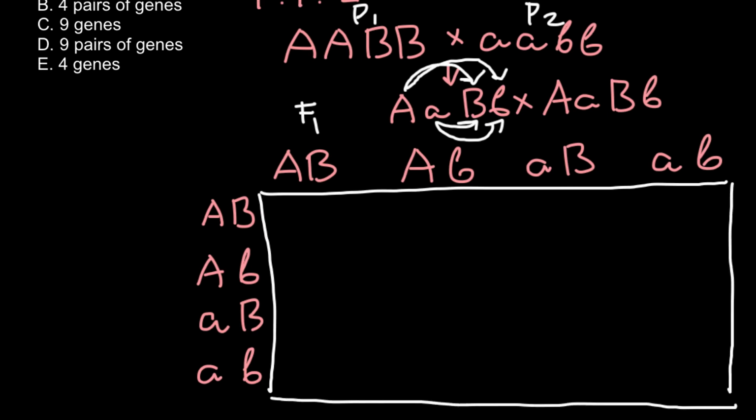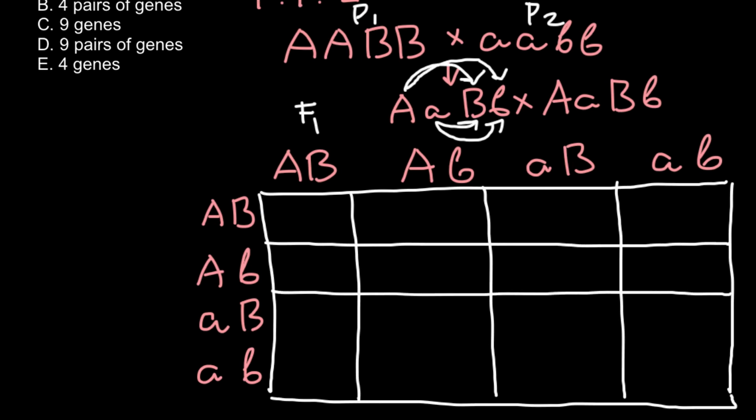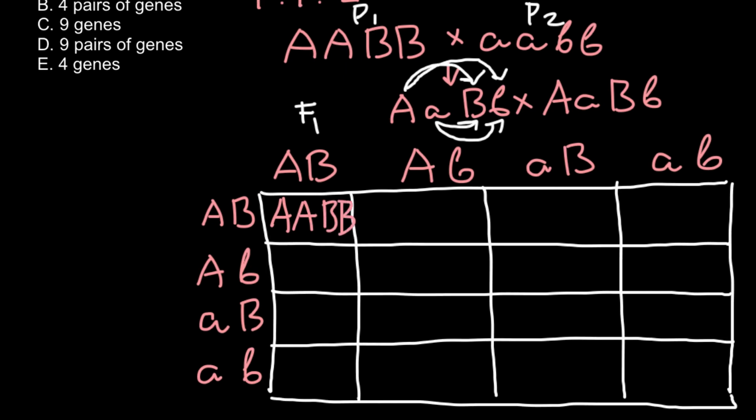Do you remember number 16? That gave me right away a hint that this trait is under the control of 2 genes, and each gene represented by 2 alleles. So now let's take a look what we are going to have, for example, in the first cell. Capital A and capital B here.